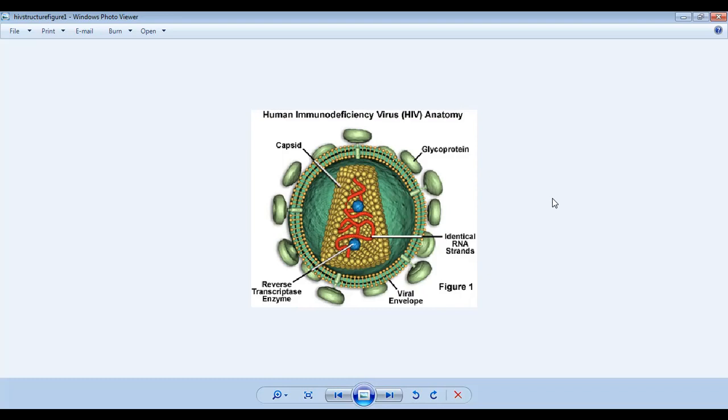In order to diagnose a case of HIV, you can search for antibodies. You can search for one of the HIV antigens, what's called the P24 antigen. Of course, the cornerstone for diagnosis and follow-up is polymerase chain reaction, PCR.